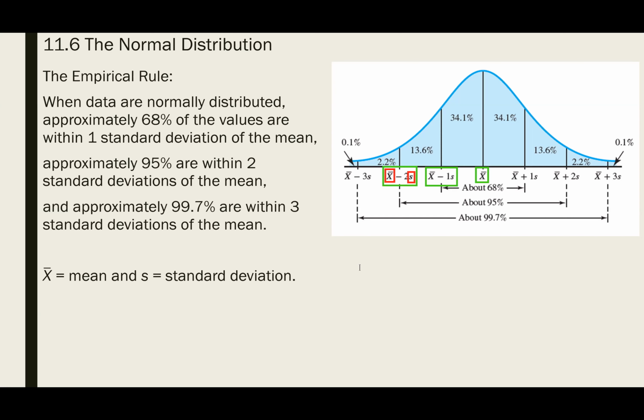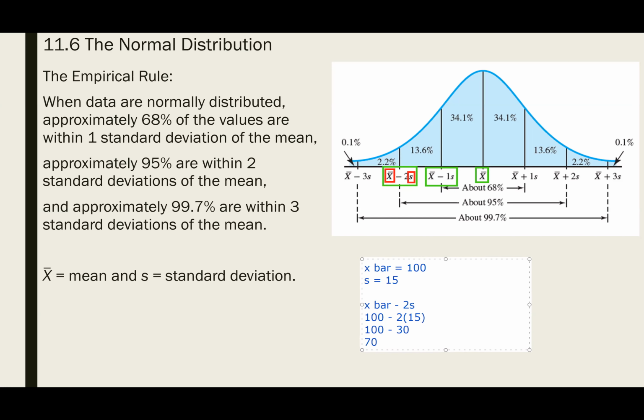Again, if you plug into our item, we have X bar equal to 100 and S equal to 15. If you plug into this formula, X bar minus 2S, X bar is 100 minus 2 times S, and my S is 15. Do you agree that 100 minus 30 is 70?